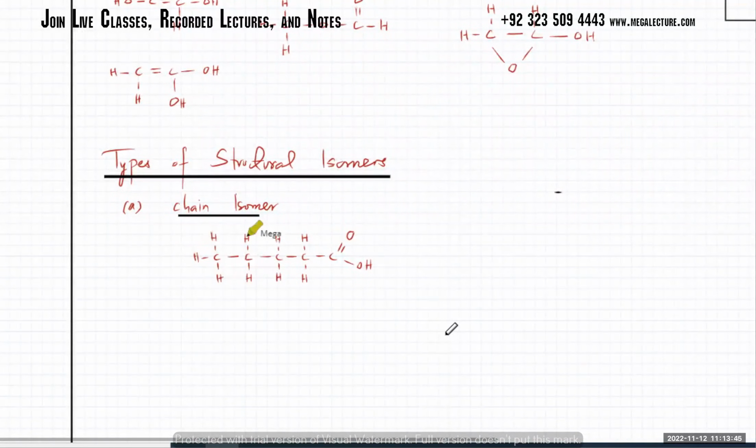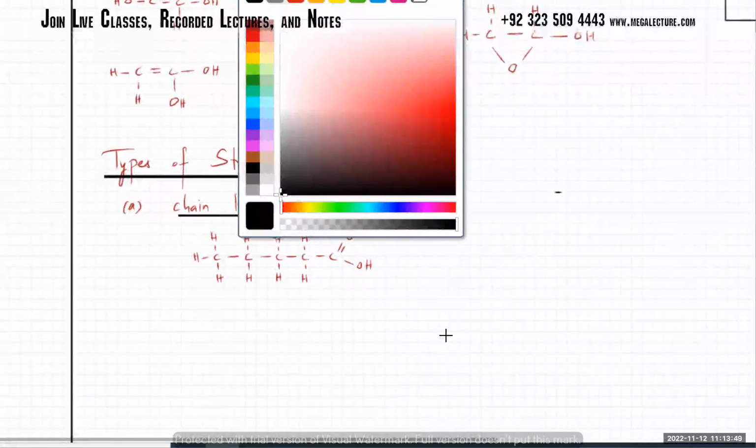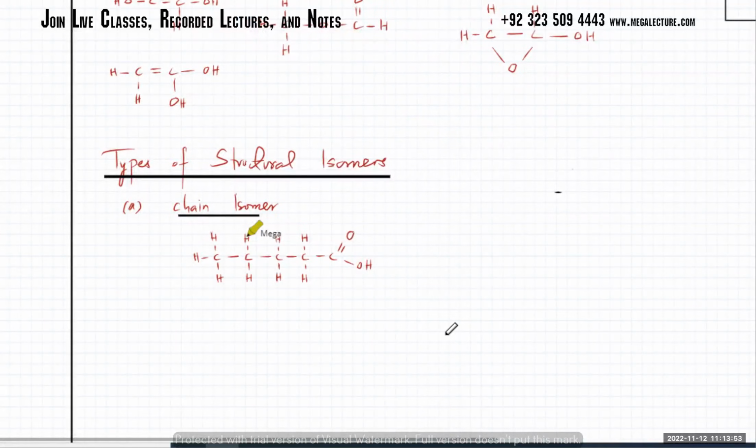So, for example, in this case, if you have 5 carbon atoms in a row, at the moment you've got a total of 5 carbon atoms in a single row. The only thing that's going to change is the arrangement of the carbon chain.